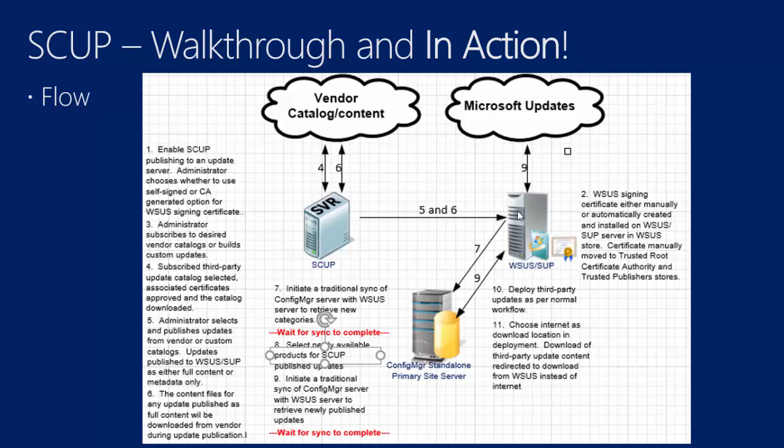So to say a different way, any content related to the update is stored on the WSUS server and downloaded in advance, right? Then 6, the content files for any updates published, full content will be downloaded from the vendor during update publication, as I mentioned. Number 7, once all that's done, then in ConfigMgr, we need to initiate a traditional sync of ConfigMgr on the ConfigMgr server with WSUS.